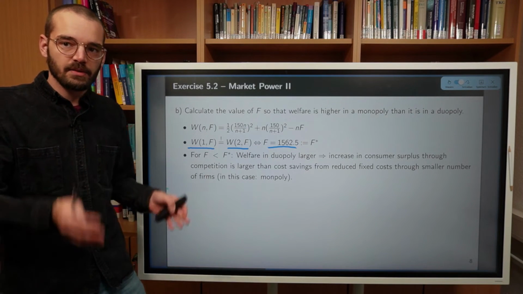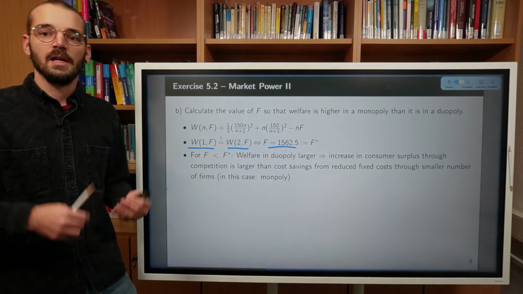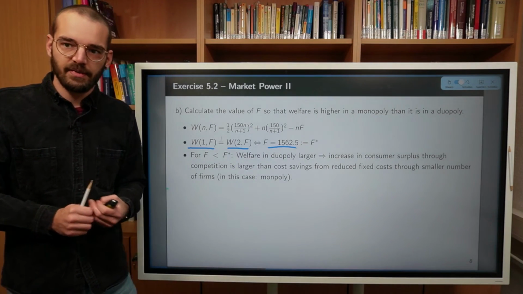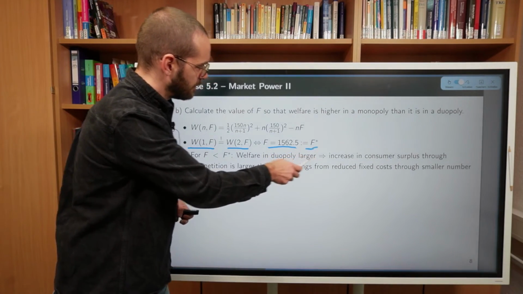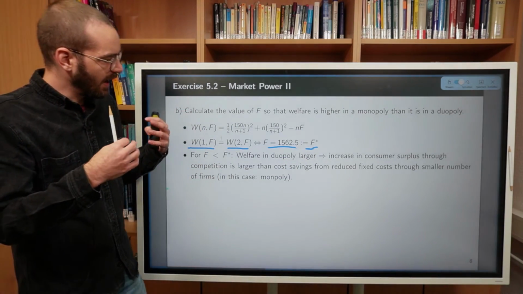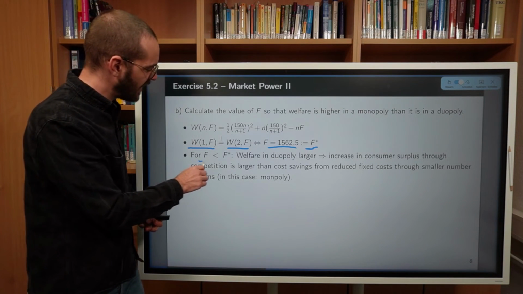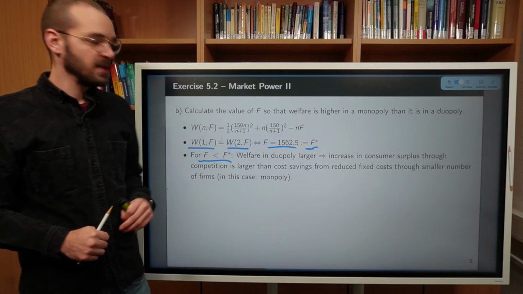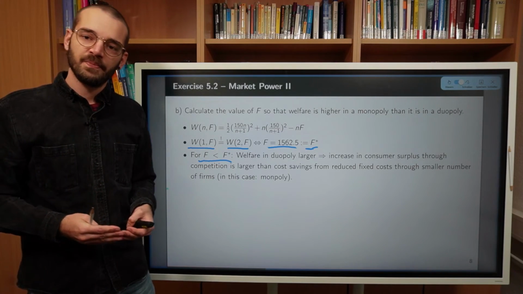For increasing number of firms, for increasing duplication of the fixed costs, we should see, at least in this partial effect, a decrease in welfare, all right? So, we know the intersection point where the welfare is exactly equal, and relying on the argument we just made, we can then state that for any fixed cost that is smaller than this intersection point, we see that welfare is larger in duopoly, right?